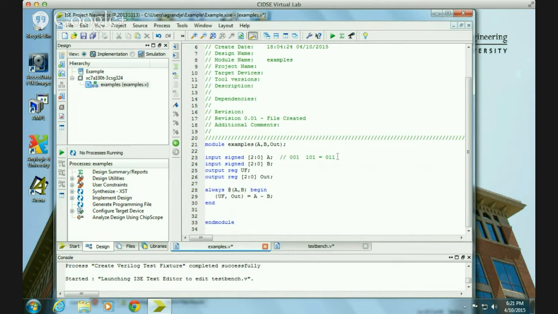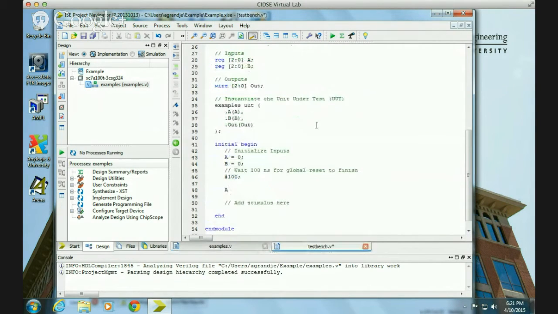Yeah, negative 3. So we do want to account for negatives, but I believe that it can be done pretty much like this. Let's give this a try.